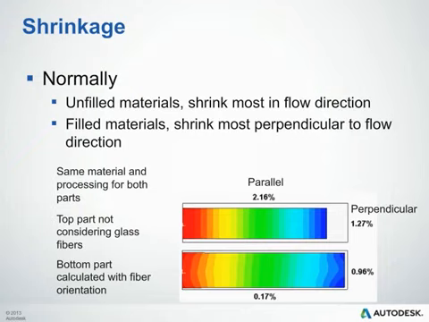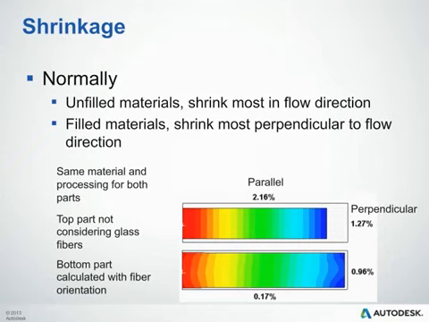So non-filled materials, like the one on the top, don't have the glass fibers to resist that polymer from shrinking back towards the gate. However, in the glass-filled material, those glass fibers are there. They're resisting that. However, the glass fibers offer little resistance perpendicular to flow, so they cannot help so much in that direction.